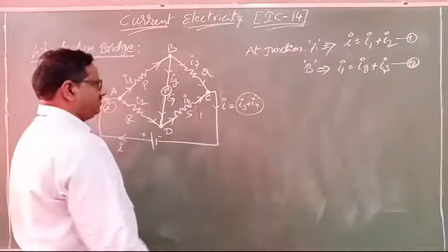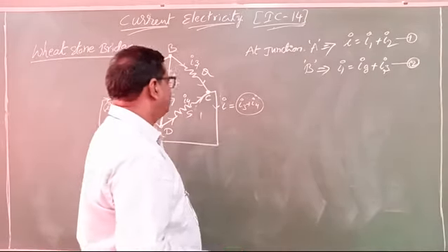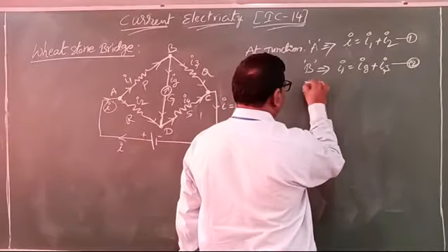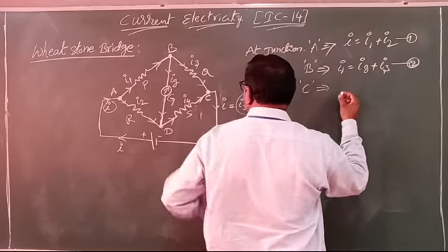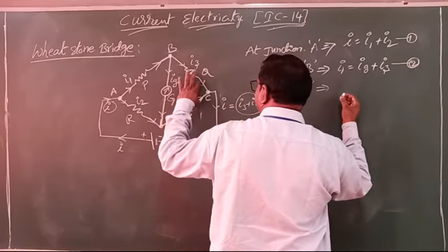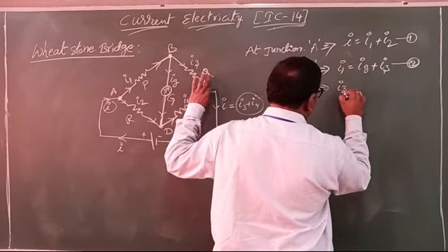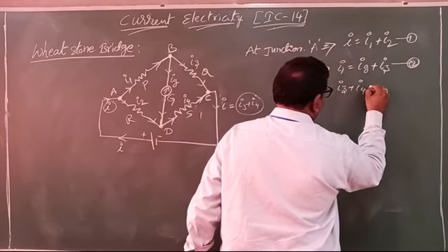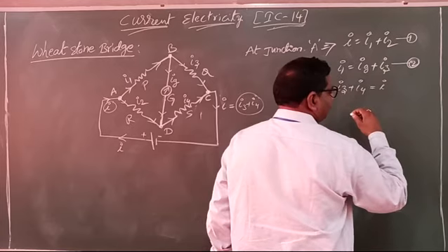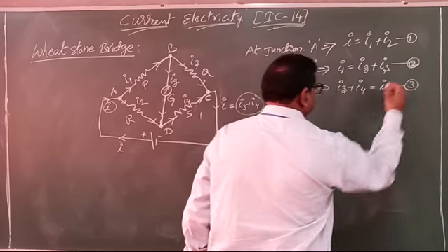Next one is at junction C. I3 and I4 both will meet at C. So what can I write here? I3 plus I4 is equal to I. This is the third equation.